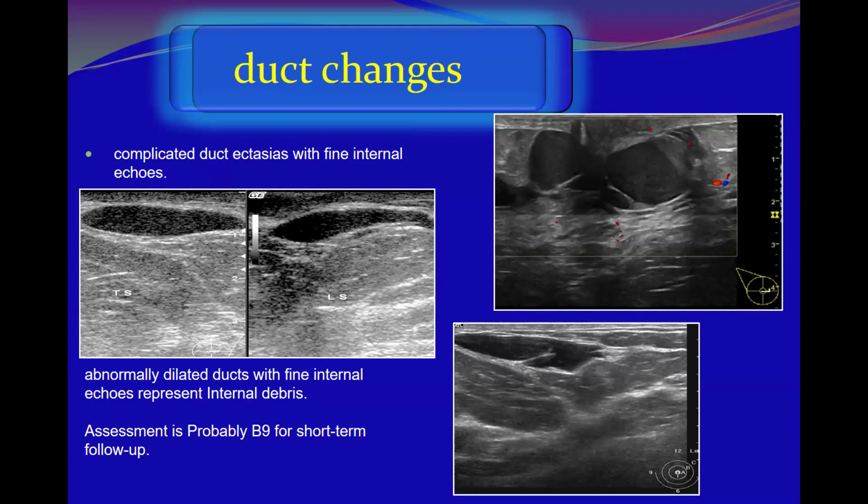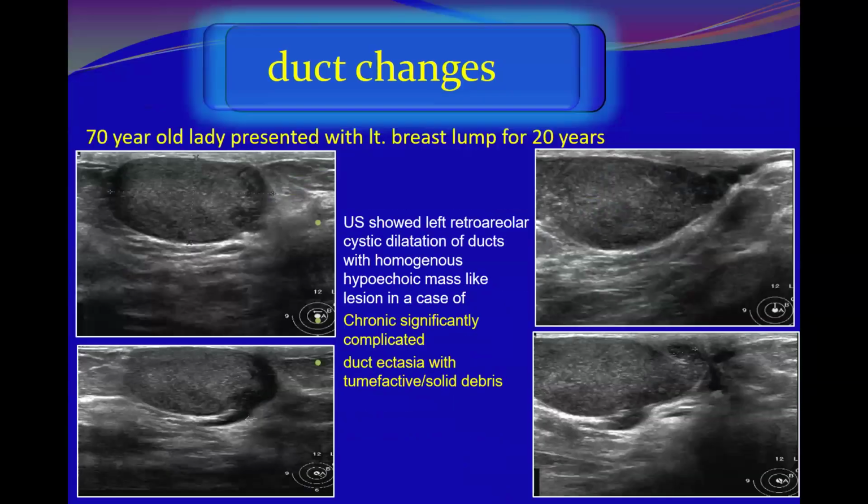These are only fine internal echoes, and this only demonstrates mild periductal vascular echoes due to mild inflammation, and this is just a complicated ductectasia and has to be assessed as probably benign for short-term follow-up. The first, simple ductectasia, is BI-RADS 2. The complicated ductectasia is BI-RADS 3.